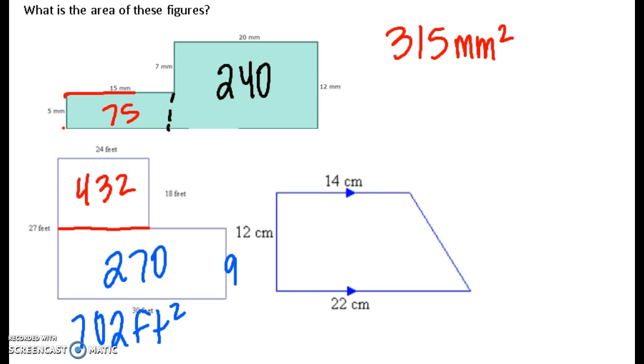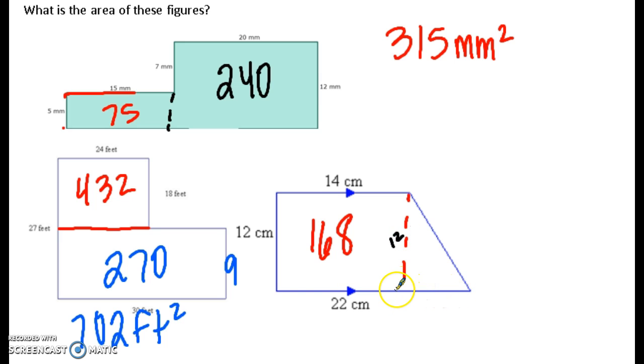For the next one, I'm going to cut vertically to get a rectangle and a triangle. 14 times 12 is 168. The height of the triangle is 12.